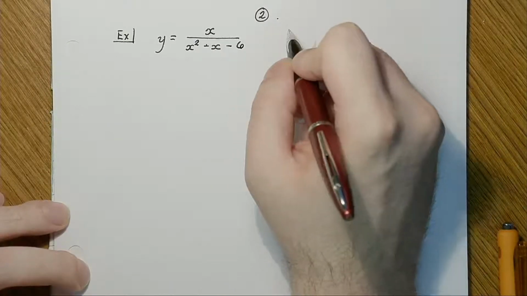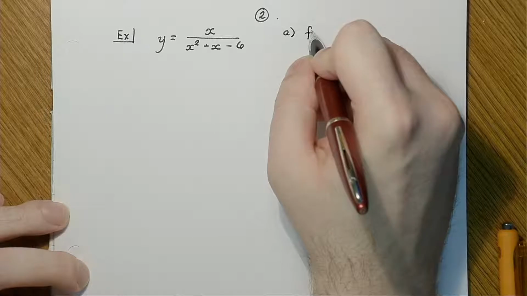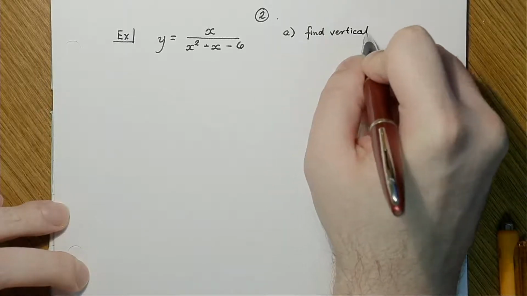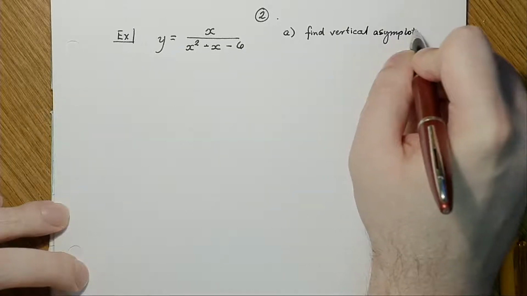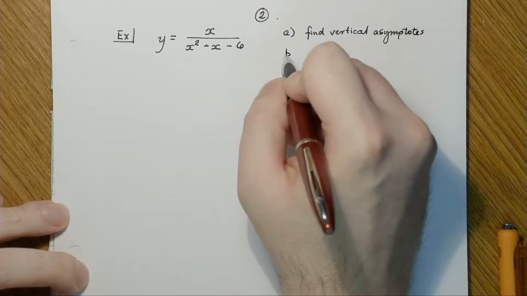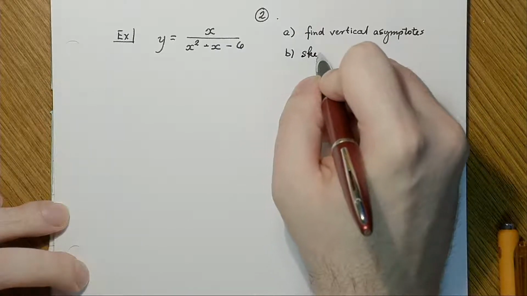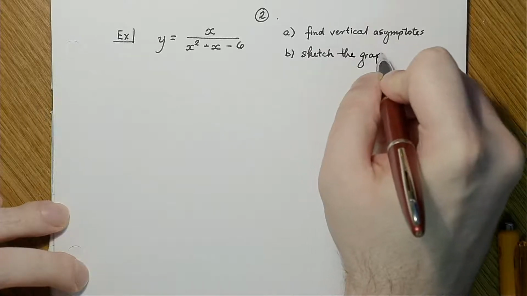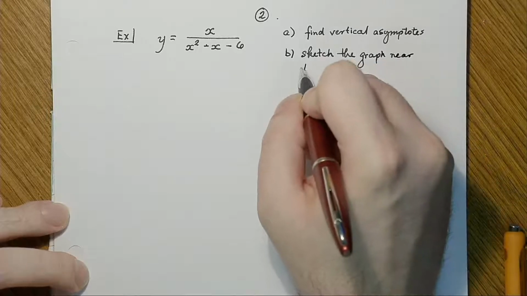Part A would say, find the vertical asymptotes. And then part B would be, sketch the graph near the asymptotes.